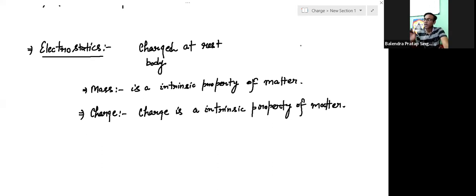So due to the mass of a body, a gravitational force exists. Gravity exists due to mass.